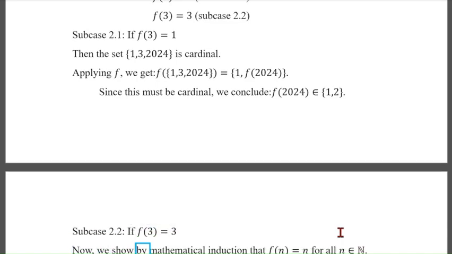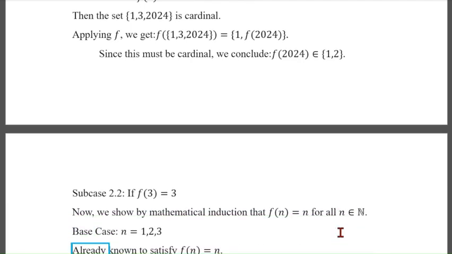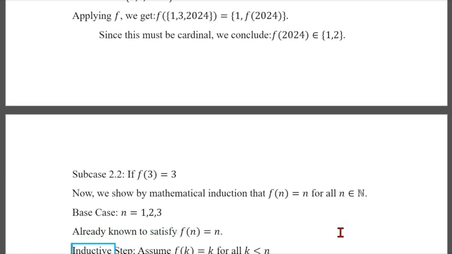Now we show by mathematical induction that f(n) = n for all n in the positive integers. Base case: n = 1, 2, 3 are already known to satisfy f(n) = n. Inductive step: assume f(k) = k for all k less than n.